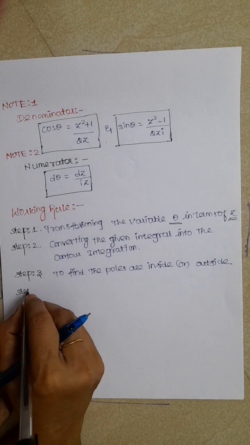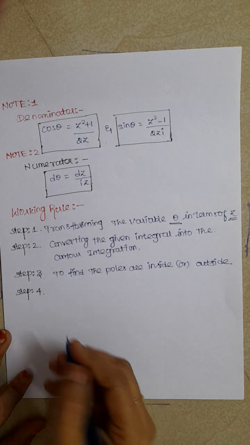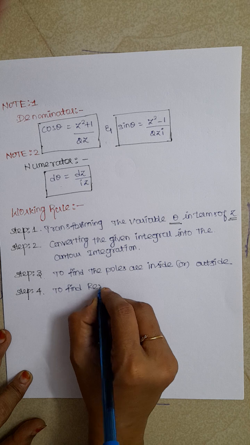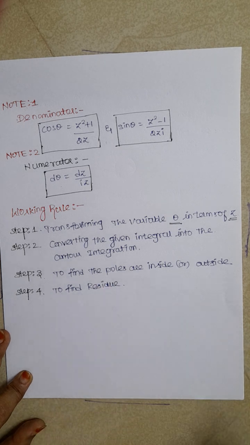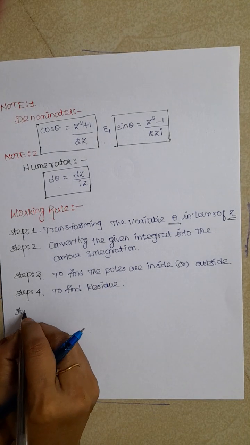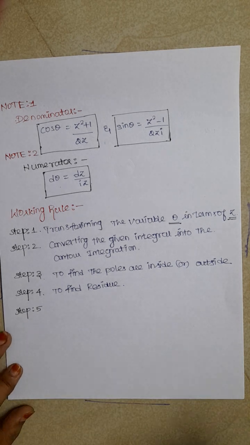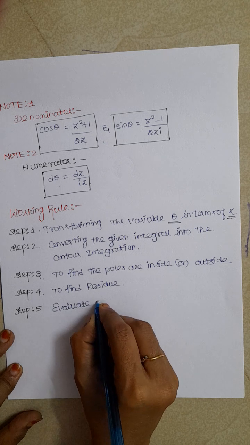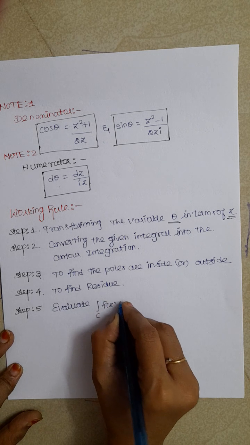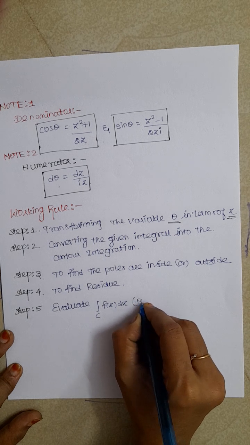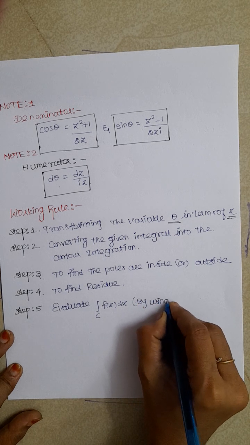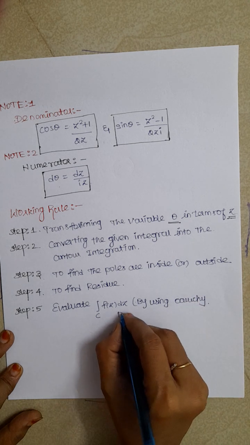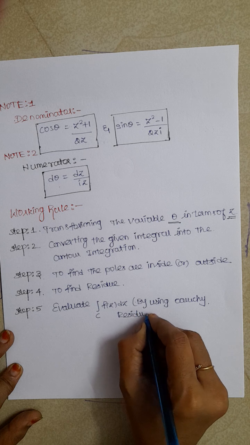Next, step number 4, to find residue. Step number 5, evaluate the integral over C of f of z dz by using the Cauchy residue theorem.